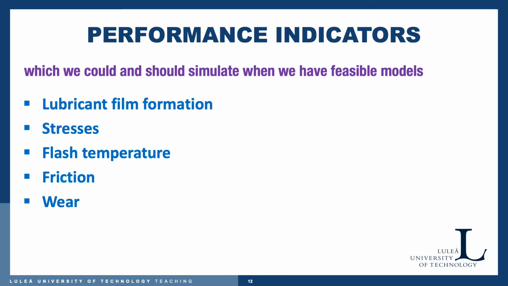Performance indicators which we could and should simulate, if we have feasible and applicable interfacial models, are, for example, lubricant film formation, which gives us an idea of what the risk of wear is, the stresses inside the opposing surfaces, but also the shear stresses inside the lubricant film, and the flash temperature, which not only heats up the surfaces, causing chemical and physiochemical reactions, creating these tribofilms, but also causes higher temperature in the fluid, which in turn affects its viscosity, which changes its lubricant film formation, and so on.